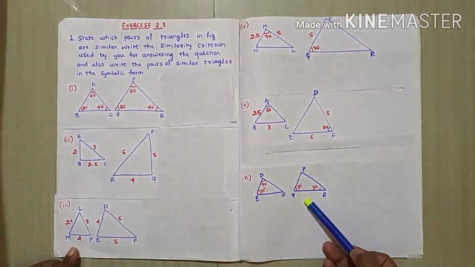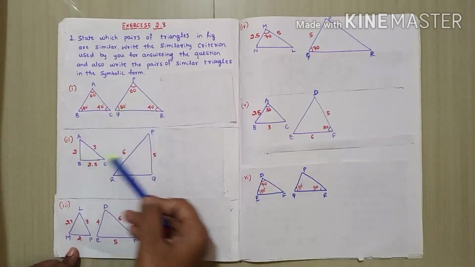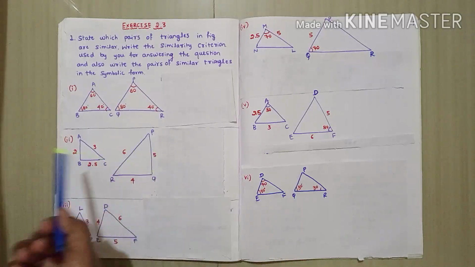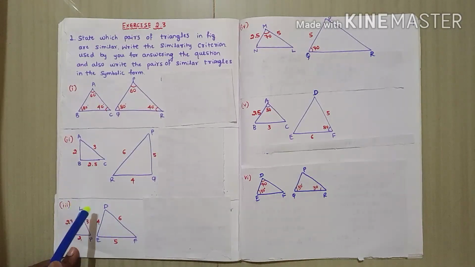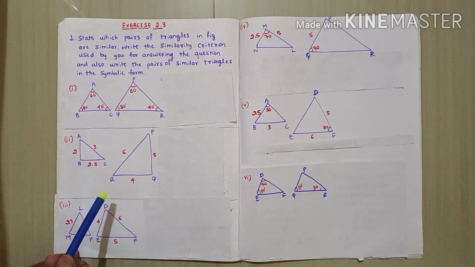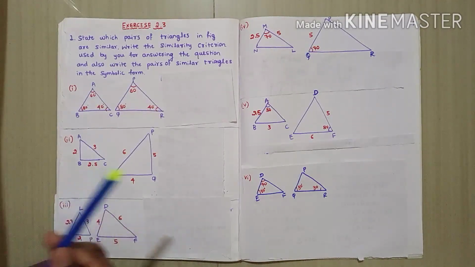They have only given the diagrams and some measurements. You should see all those triangles and identify whether the given triangles are similar or not. If the given triangles are similar, you have to write by which criteria they are similar. If they are similar, just write in the symbolic form, and write which criteria you used.